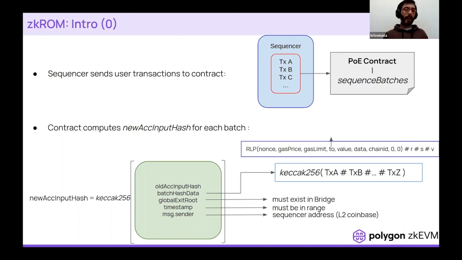Okay, as you may know, a rollup basically works by sending some data to the smart contract, which is the data availability. In that case, we have one entity, the sequencer, that calls the smart contract function, which is sequenceBatches, with the transaction data object. First of all, in which format are these transactions loaded into the smart contract, which is the data availability, on chain?